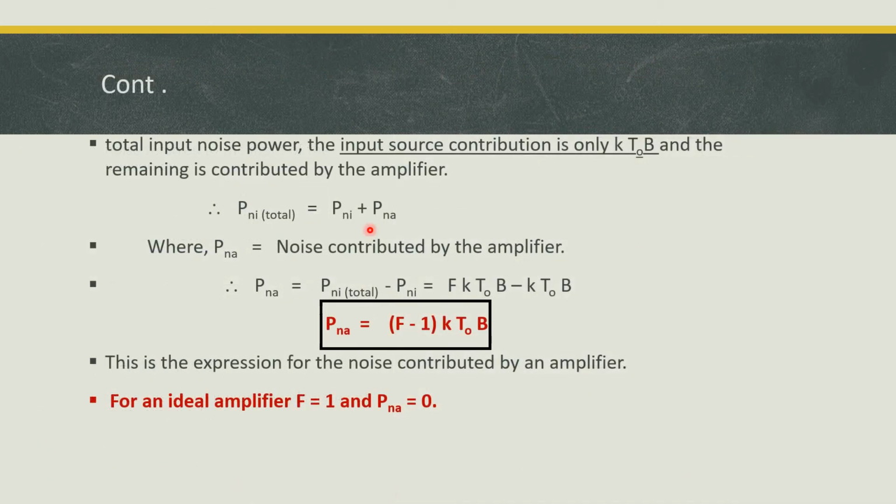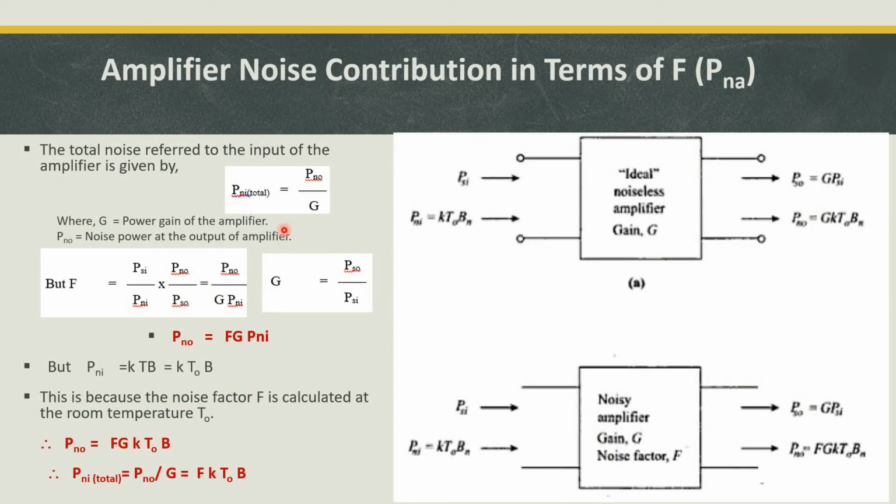So the total noise is because of the amplifier and also the source. Now we have to calculate the noise contributed by only the amplifier. The input source contributed is KT0B, and the remaining noise is obviously because of the amplifier. So PNI total is equal to source contributed noise plus amplifier contributed noise. We already calculated PNI total here.